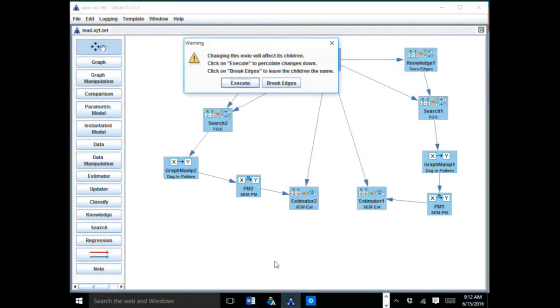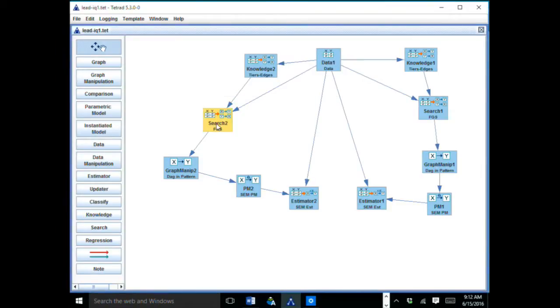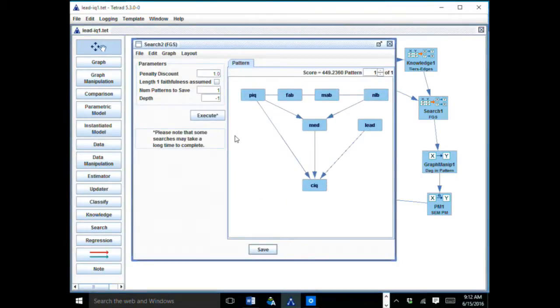Okay, so that's the knowledge, and according to this knowledge, if we execute the FGS search, this is what we get. And in this model, with the penalty discount I used, I don't get any connections to lead, but I get an interesting structure among the other variables. What it shows us is, according to this search, the only legitimate parents of the child's IQ are the parent's IQ, the mother's education, and the amount of lead exposure. So if we estimate the parameters in this model, we might figure out what the effect of lead on IQ is.